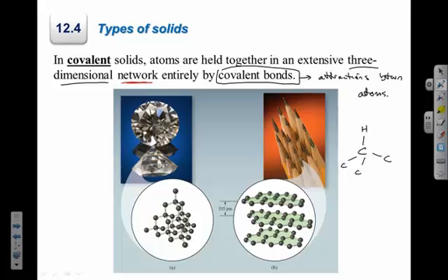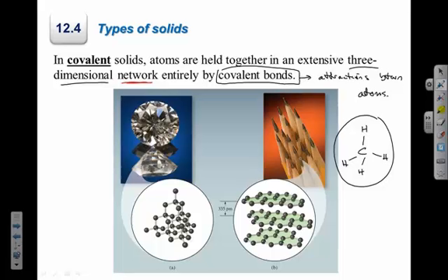If I just put a hydrogen at each one of these positions, a molecule is a discrete unit with a specific number of each type of atom, and I need that number of hydrogens and carbons to make all the noble gas configurations, to avoid unnecessary formal charge, and to make the molecule stable, right? So that's a molecule.